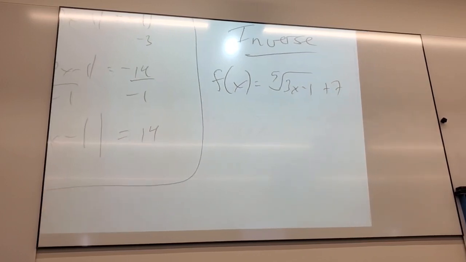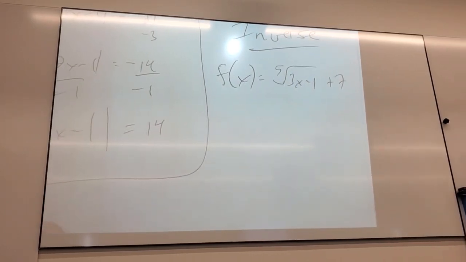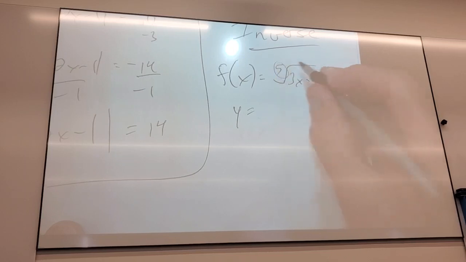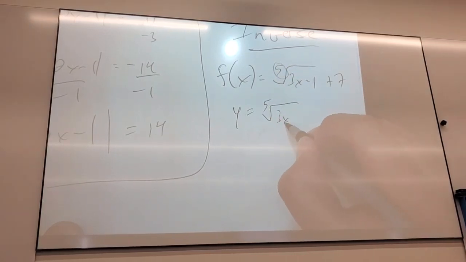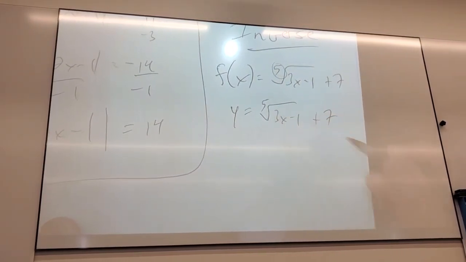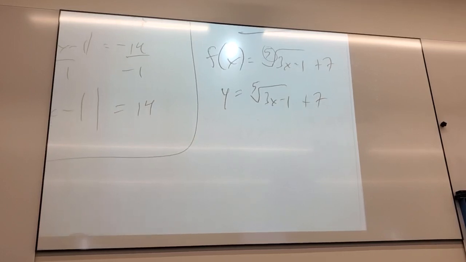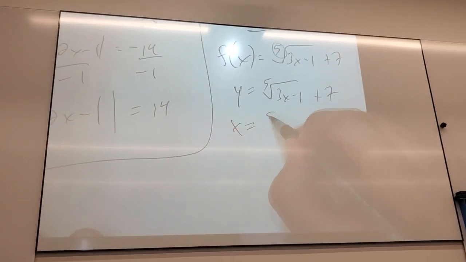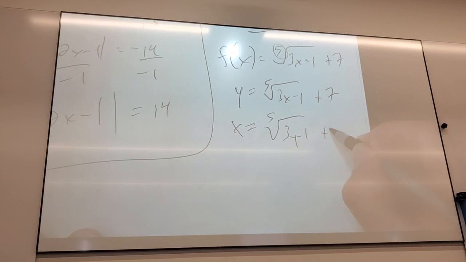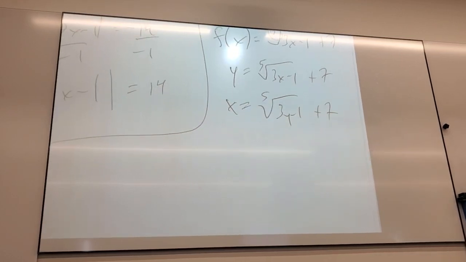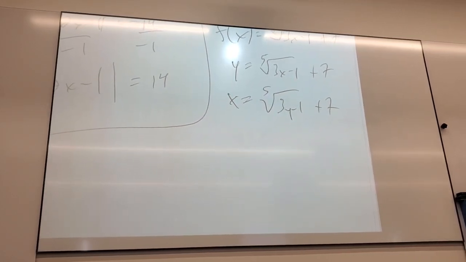So I would make that y equals the fifth root of 3x minus 1. And then I would switch the x and the y. And then I would move the 7 over. Then you just solve for y.